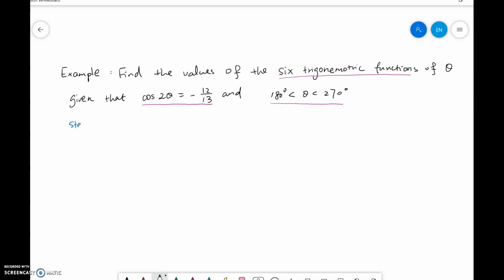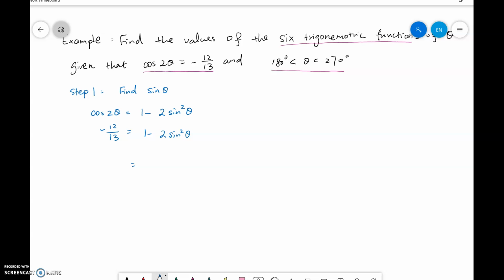So step 1, I'm going to find sine theta. Cosine of 2 theta equals 1 minus 2 copies of sine squared theta. So this is the formula we're going to use. Cosine of 2 theta from the problem we know is negative 12 over 13. So 1 minus 2 copies of sine squared theta.